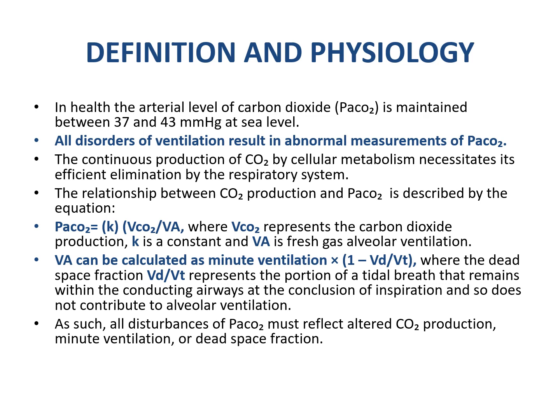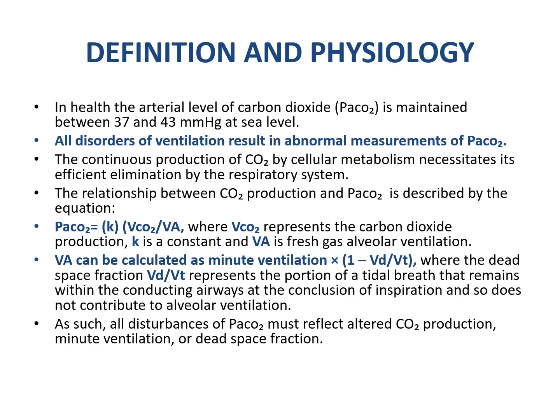The relationship between CO2 production and partial pressure of CO2 is described by the equation: partial pressure of CO2 equals K times the VCO2 over VA ratio, where VCO2 represents the carbon dioxide production, K is a constant, and VA is fresh gas alveolar ventilation.